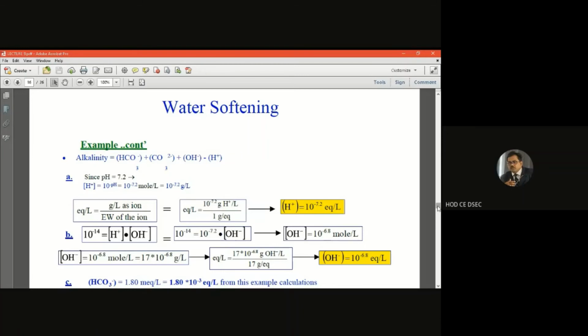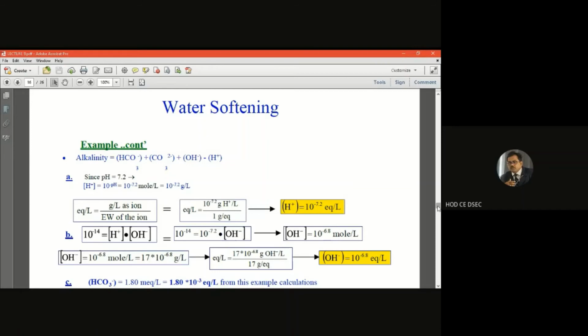Then we will get OH minus equal to 10 to the power minus 6.8. So two of the ions causing the alkalinity have been found out. One is the H plus, the part to be subtracted. Regarding the additive part, one ion is out of the three, that is HCO3, CO3 and OH minus.